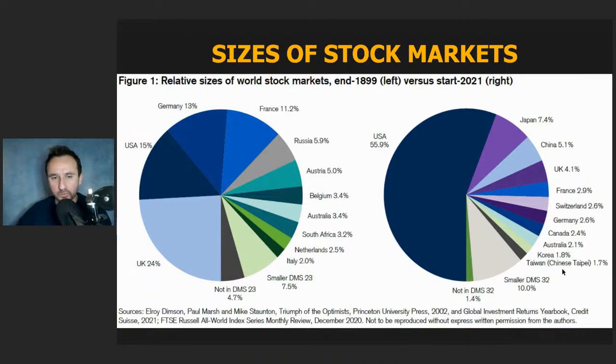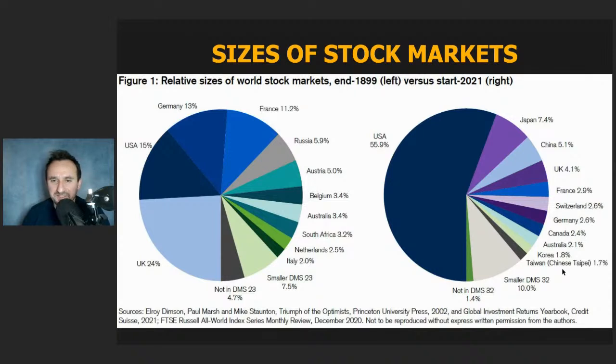On the other hand, the United States had 15%, Germany 13%, France 11%. And if you look at 2021, the USA now has over 55% of the market share globally. Japan has 7%, China 5%, UK 4.1%.